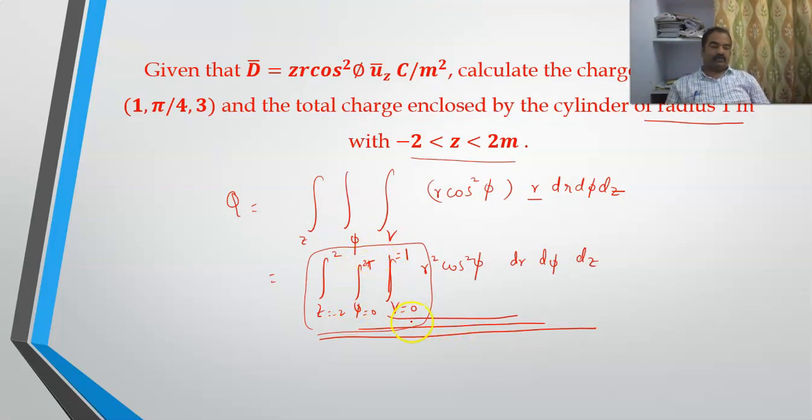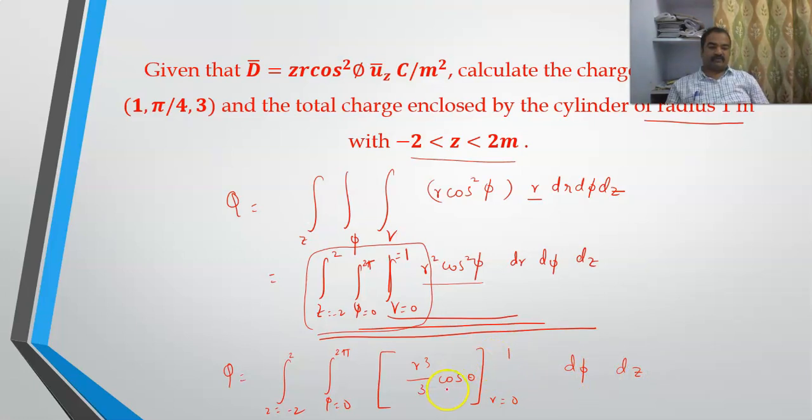First of all, let me do the integration with respect to r. This is r cube by 3 cos square phi, where r is varying from 0 to 1. Here d phi is there, still dz is there.